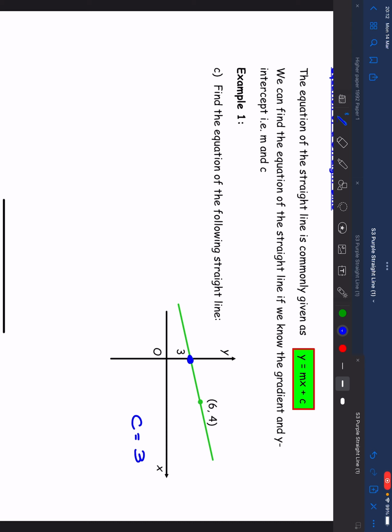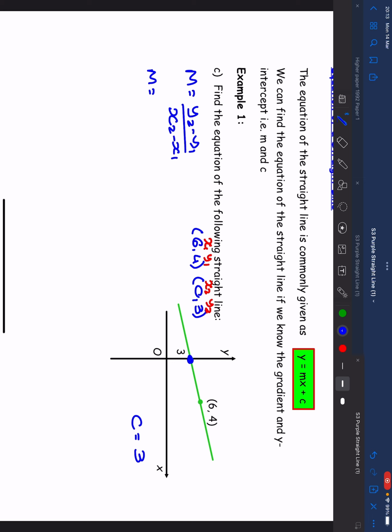Remember, to find the gradient, we use the formula m is equal to y2 minus y1 over x2 minus x1. Our two coordinates are 6, 4 and 0, 3. That's what we've got there on the graph. So label them x1, y1, x2, y2, and then just feed them into our formula.